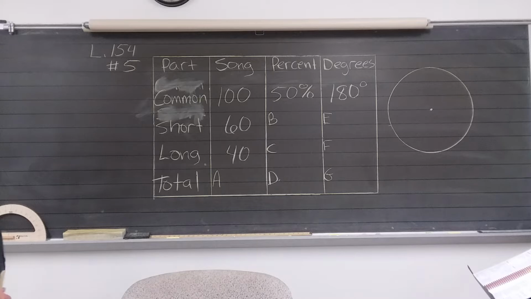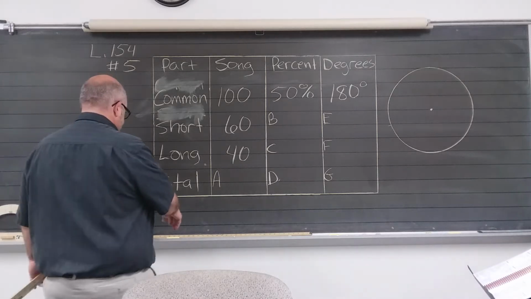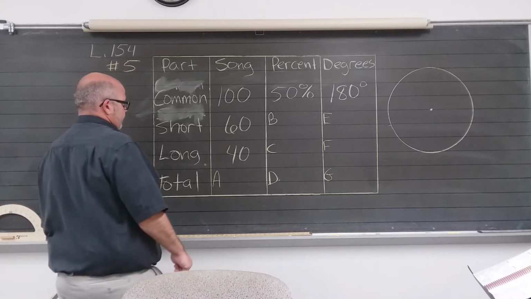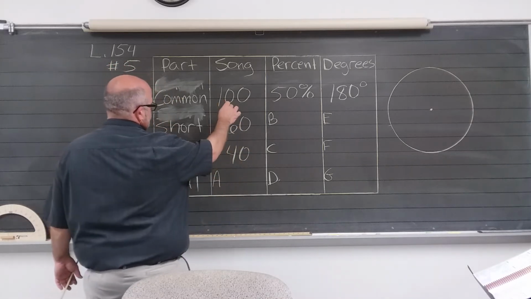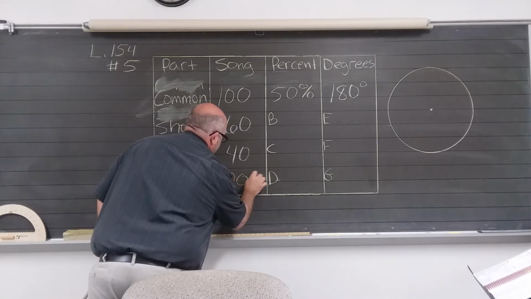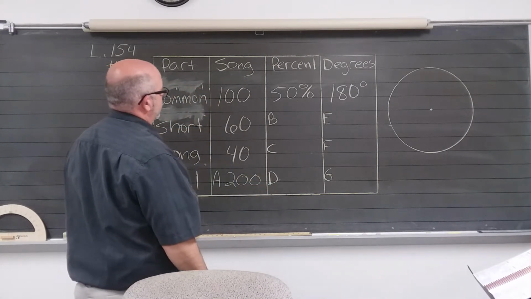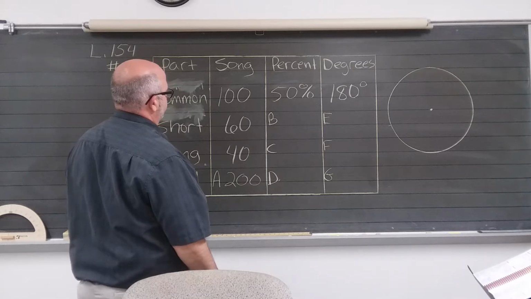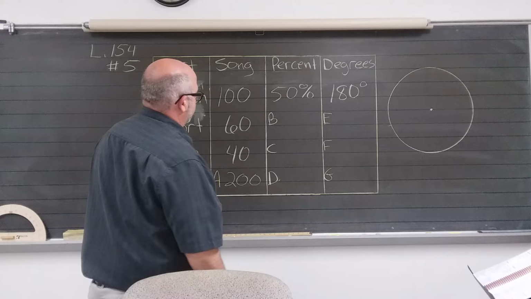And this is a rather easy one. I'll show you why. All right, we have a total of what here? 100, 60, 40, that's 200. Oh, they already give you that. That's too bad.